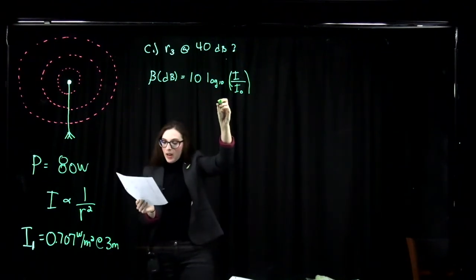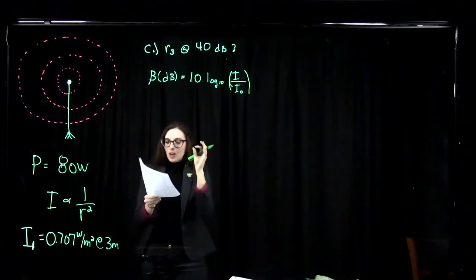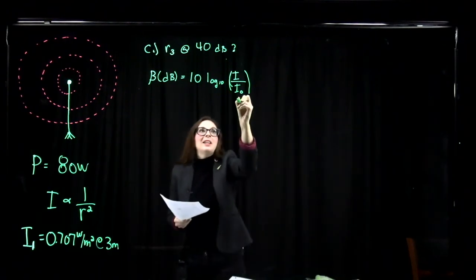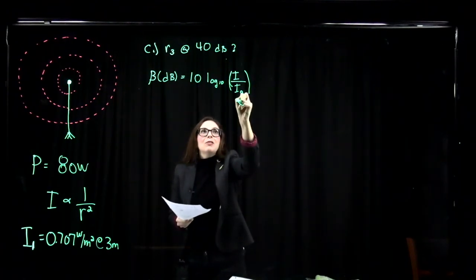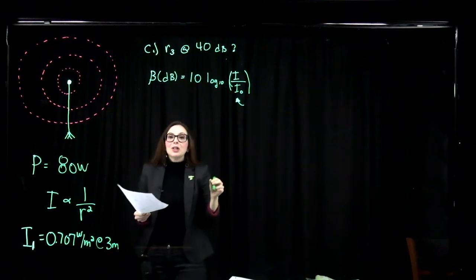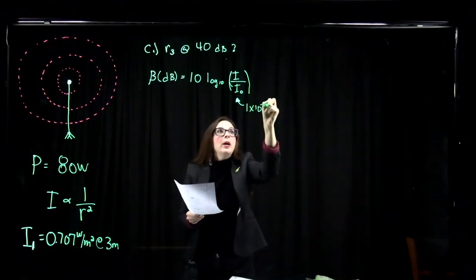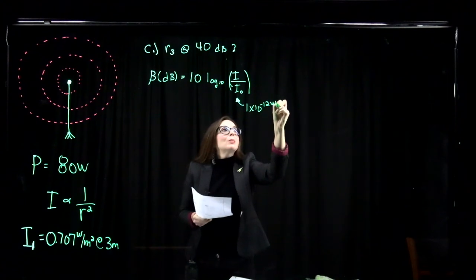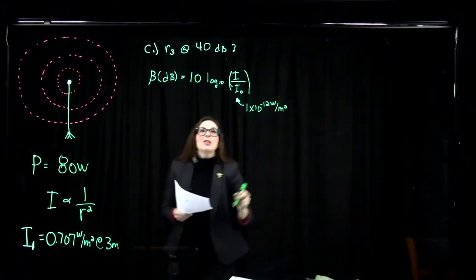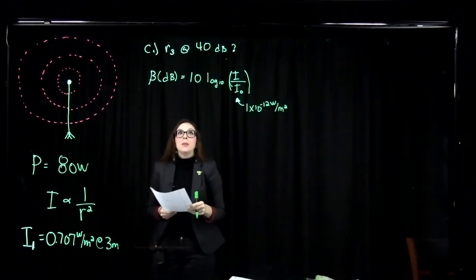This intensity right here is the softest sound that a human can hear. And the intensity for the softest sound that an average human can hear is 1 times 10 to the minus 12 watts per meter squared. Okay, so that has an actual quantity we can give it.